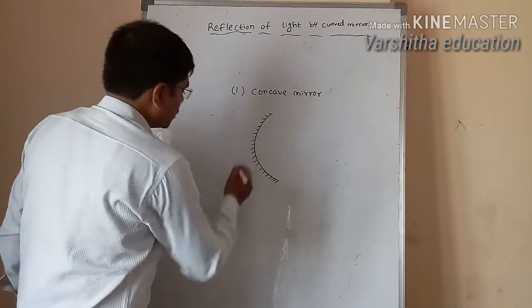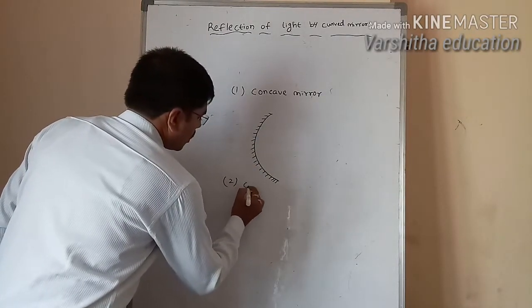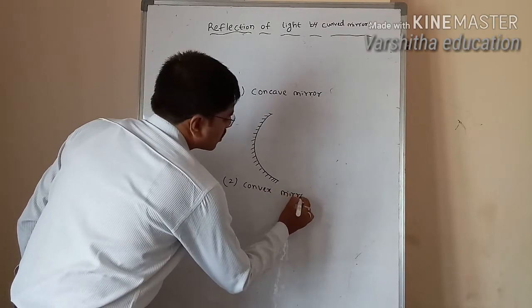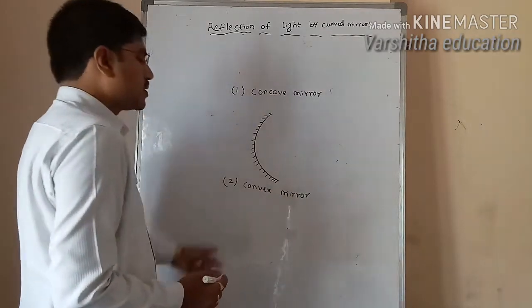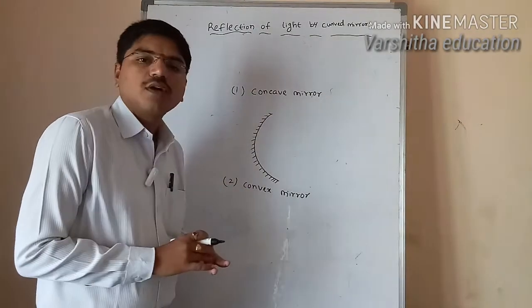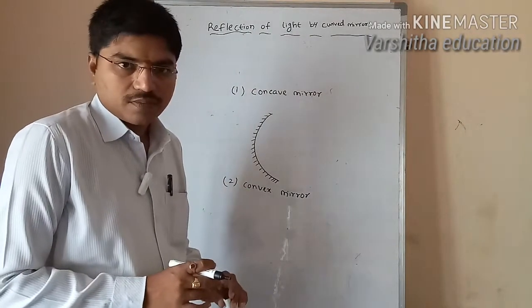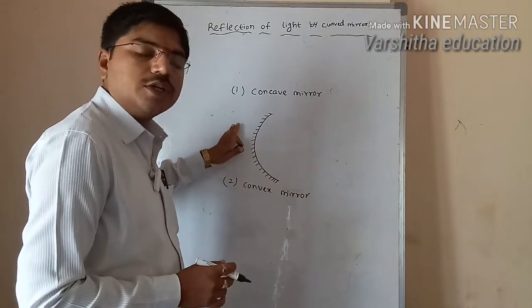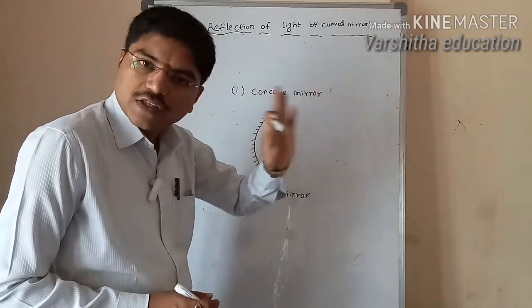Now one more will be there, the convex mirror. What does it mean? A convex mirror is different: the back side part is used. That is called a convex mirror.